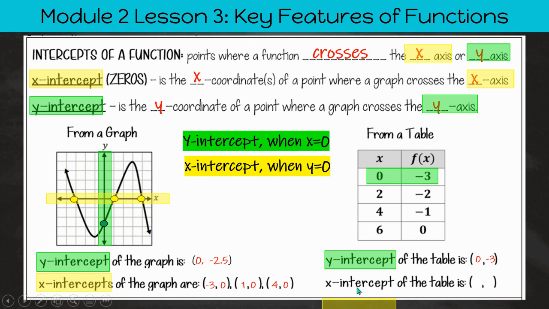Now to find my x-intercept, I'm looking for when my y is 0. Remember, f of x is just a fancy way of writing y. So my y value is 0, and my point where it crosses the x-axis is at (6, 0). All right, so those are your x and y-intercepts.